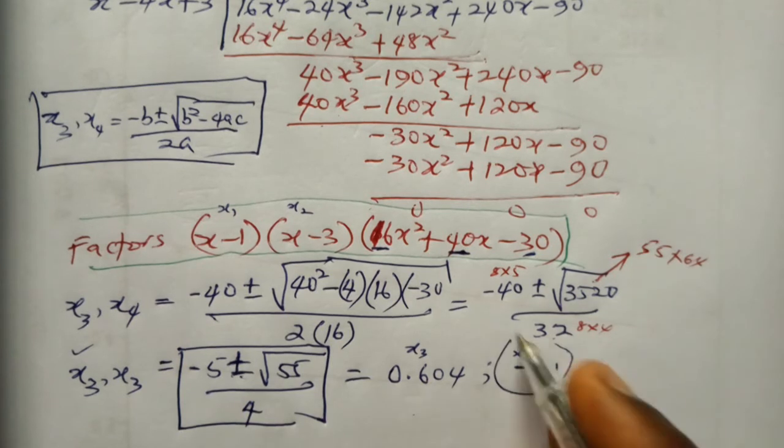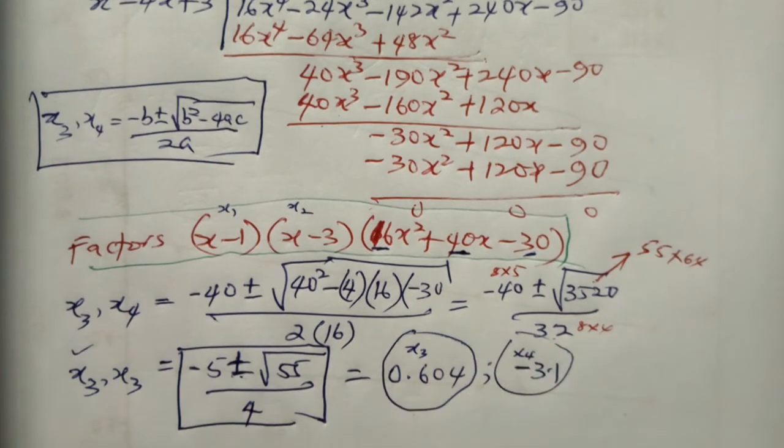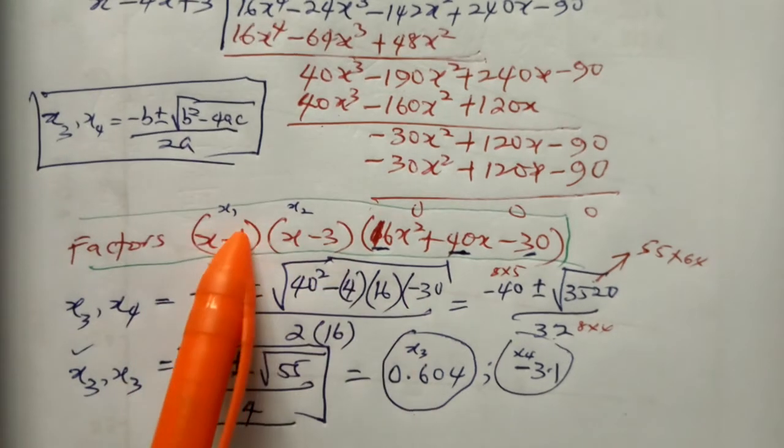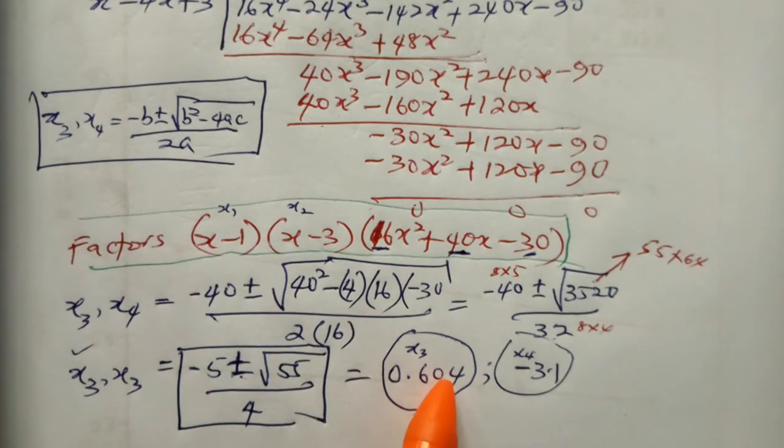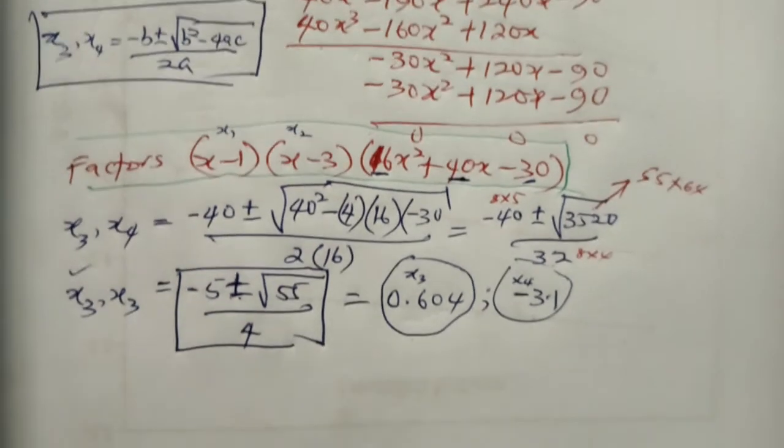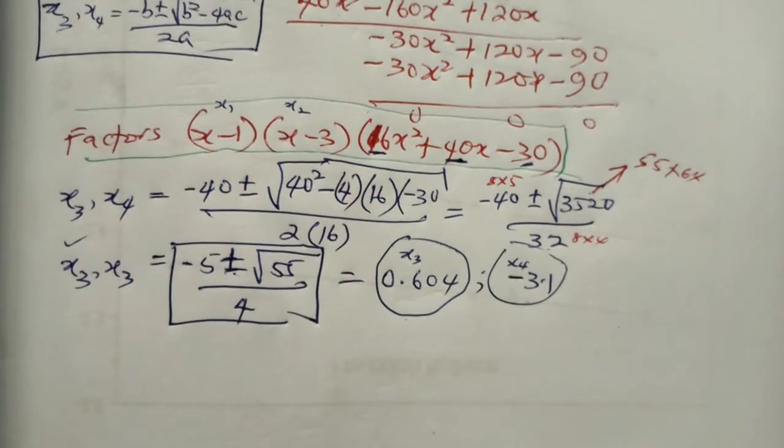So we will now have our x values to be 1, 3, 0.604 and minus 3.1. So now that we have found the x values, it is time to find the values of y.